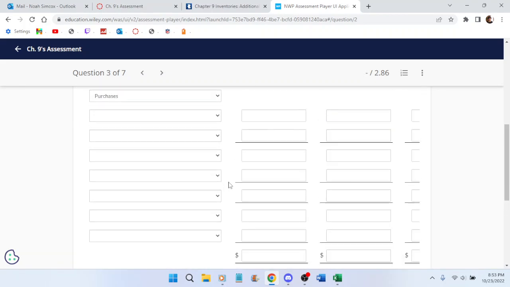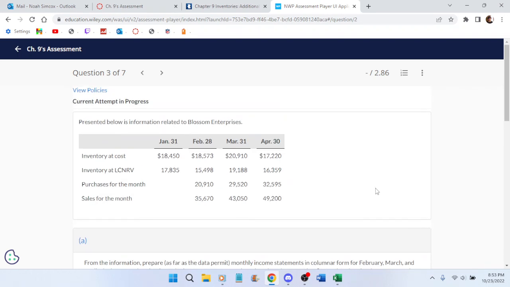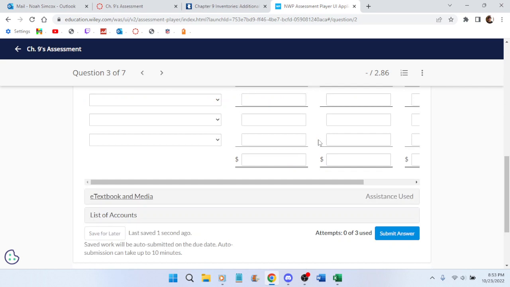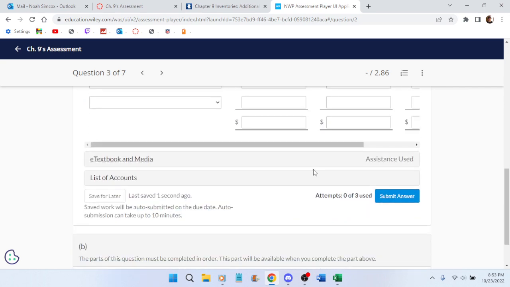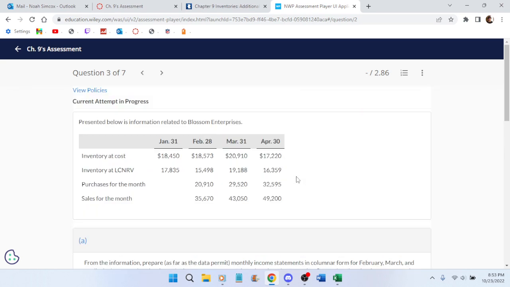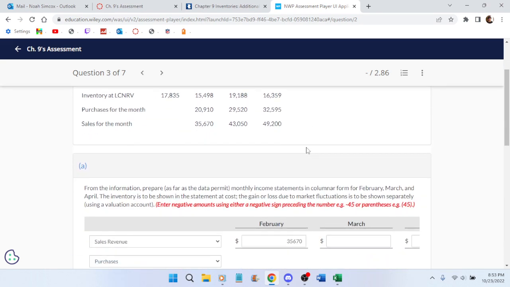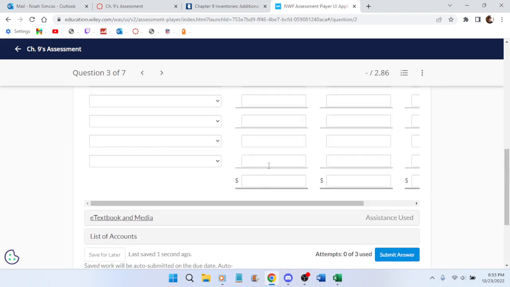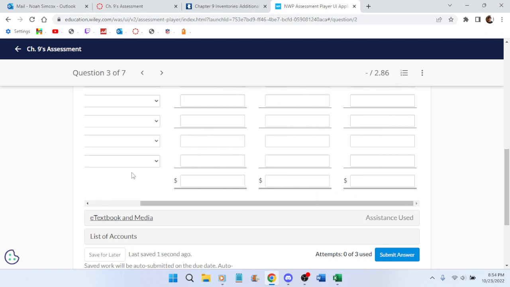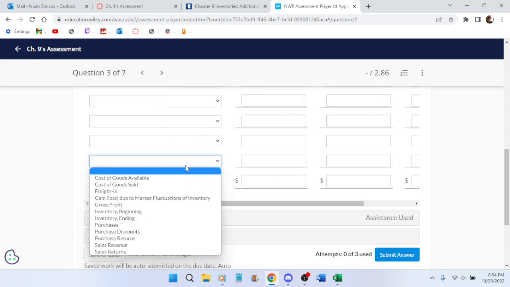Also, this is only part A, which is hilarious. Like, this is going to take so long. What on earth do they want you to do here? They have a final amount at the bottom, so net income, I guess, is the bottom part. They don't even have you label the bottom. That's hilarious.